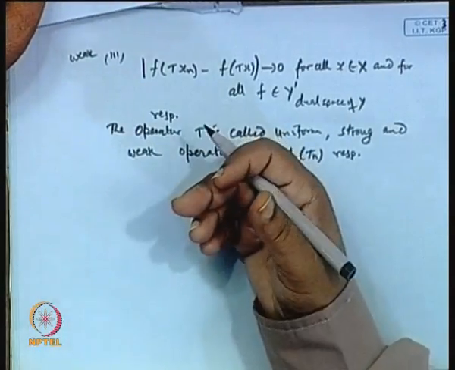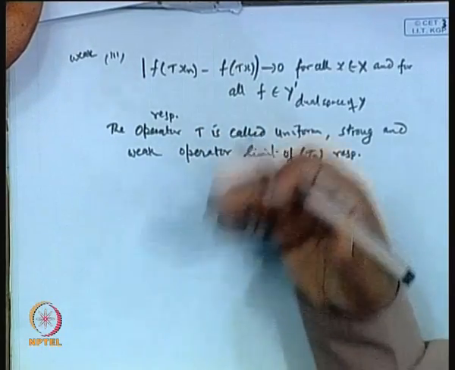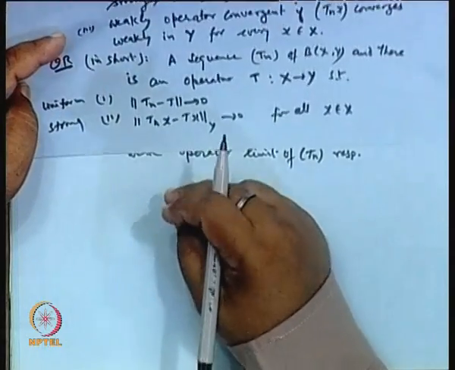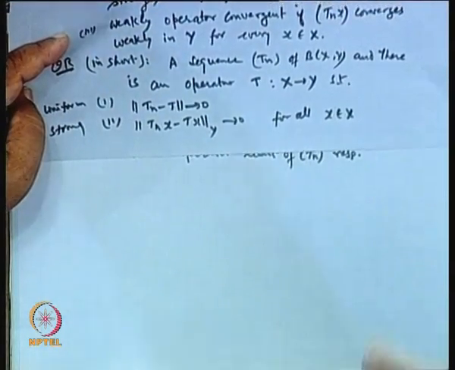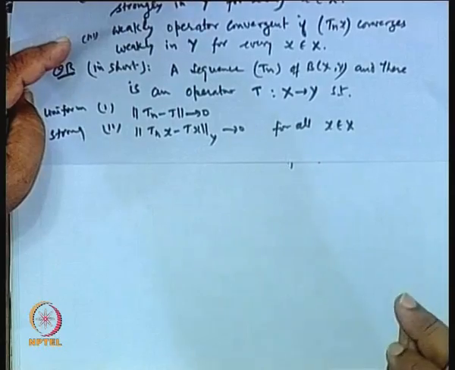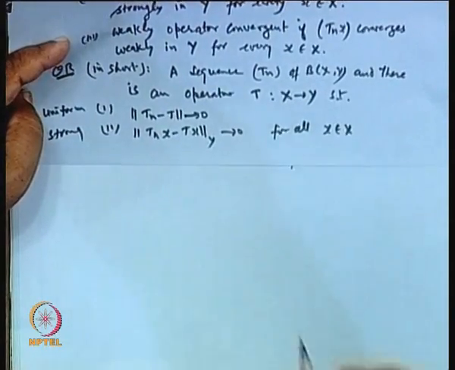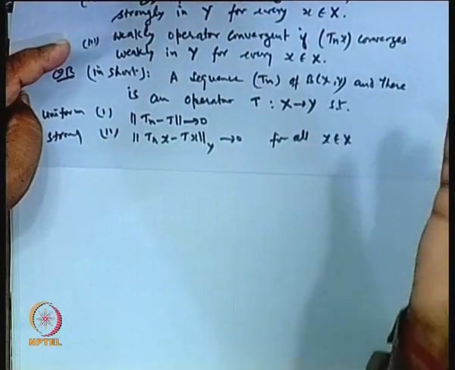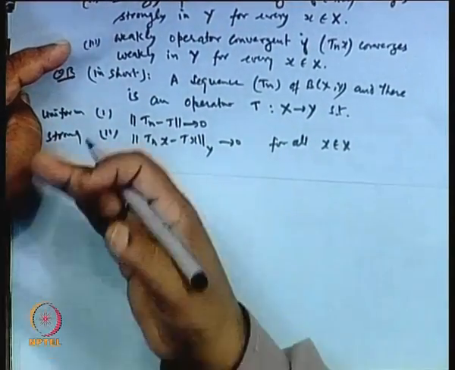What will be the nature of T? So, that we will discuss: if T_n converges to T uniformly, whether T has to be a bounded linear operator or not, and second, in case of strong convergence, whether the limiting point T is bounded or unbounded, similarly for the weak. This is the first case. Second point is, what is the relation between these three?